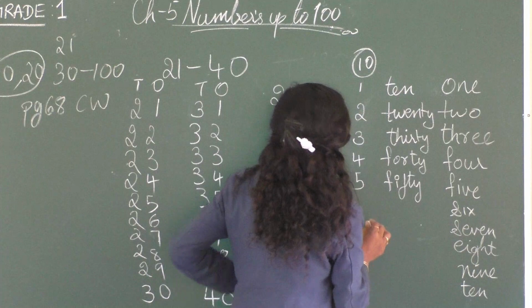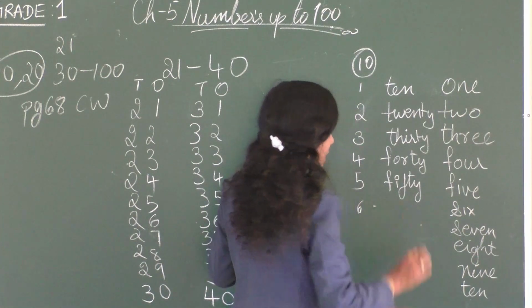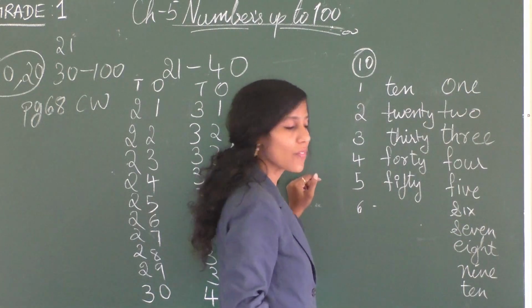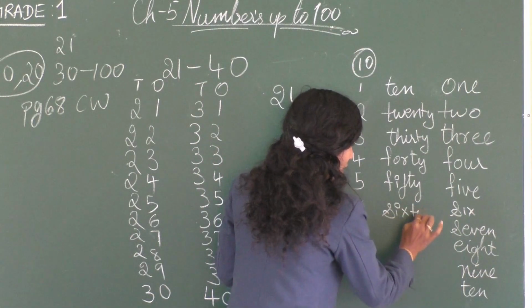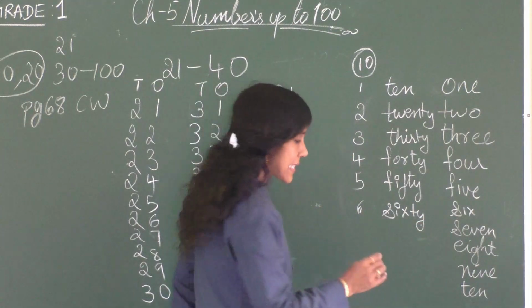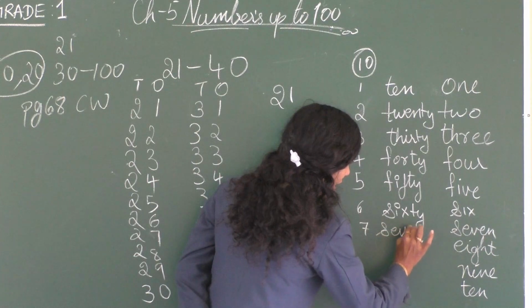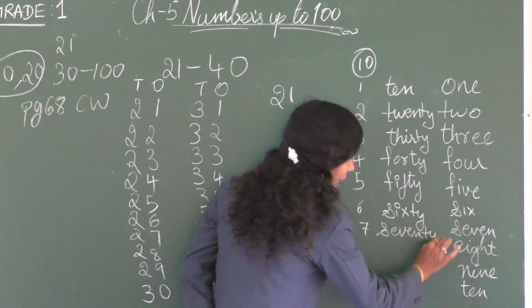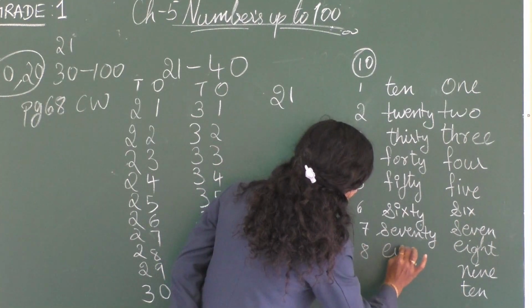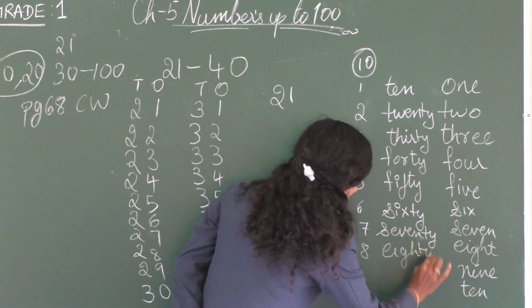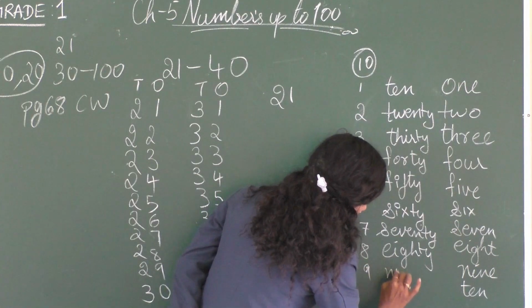Next, we have 6 bundles of 10. We call it 60. 7 bundles, SEVENTY, 70. 8 bundles, 80. 9 bundles, 90.